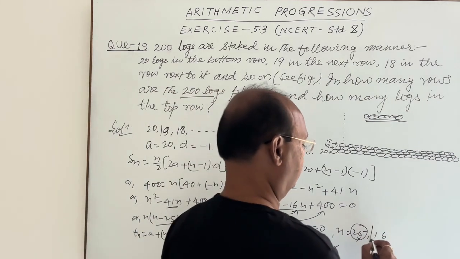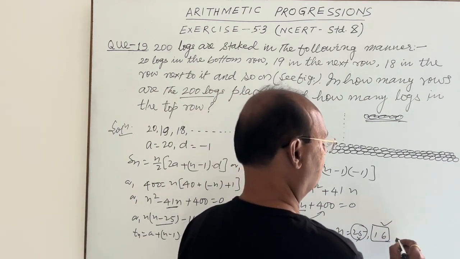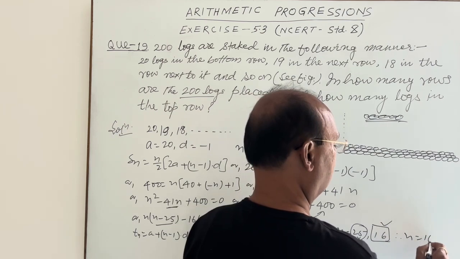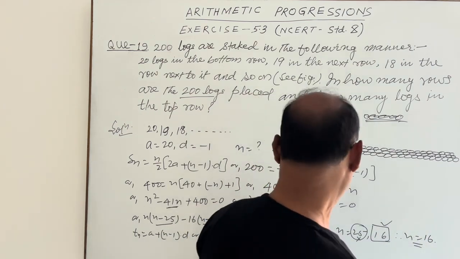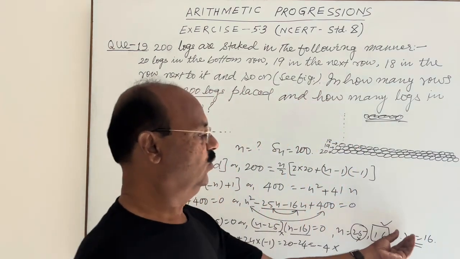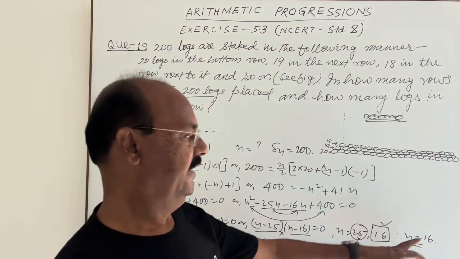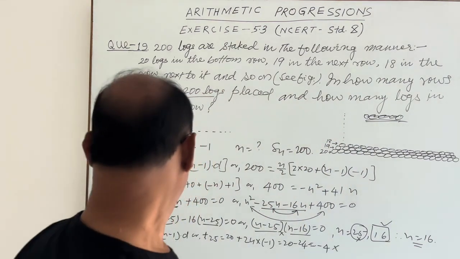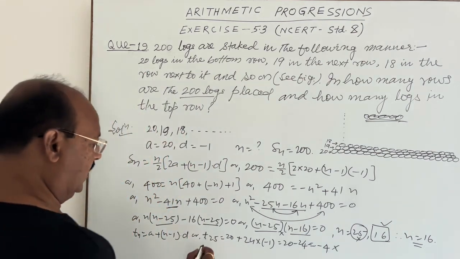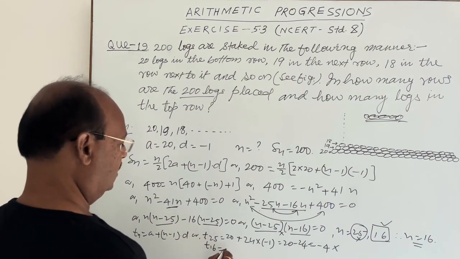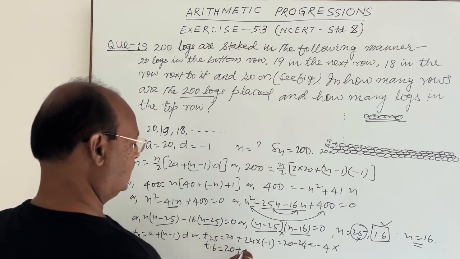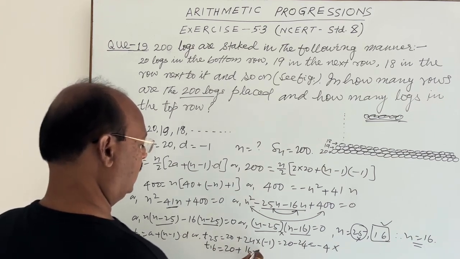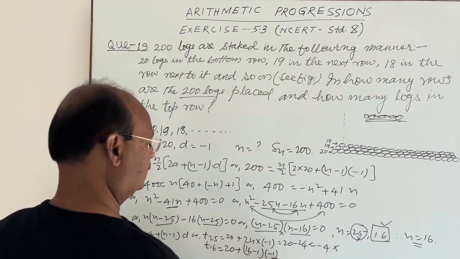So we are considering n equal to 16. Therefore n is equal to 16. Now we have to find the number of logs in the 16th row. By the same formula, T16 is equal to a plus (16 minus 1) into d, that is minus 1.